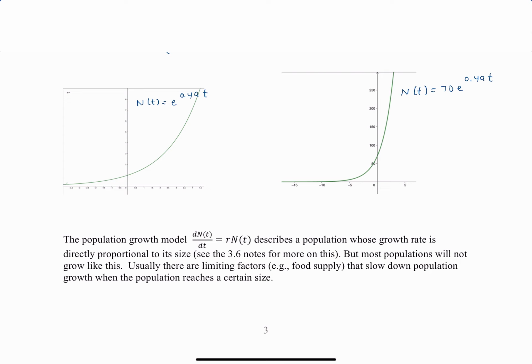We talked about that leading to exponential growth, which is what both of these graphs are showing us. Again, most populations will not grow like this. Usually there are limiting factors such as food supply that slow down population growth when the population reaches a certain size.